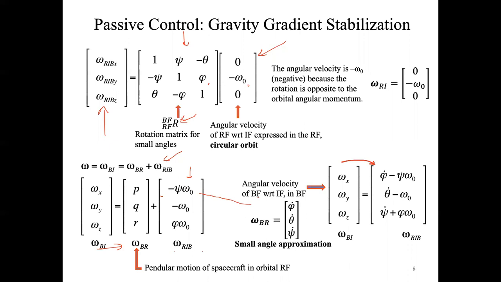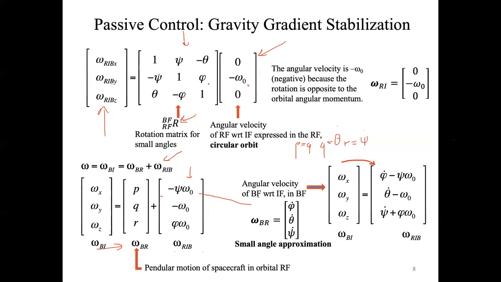what we can do here is that p, q, and r are equal exactly to phi dot, the roll angle rate; q is equal to theta dot, and r is equal to psi dot, the yaw angle rate.